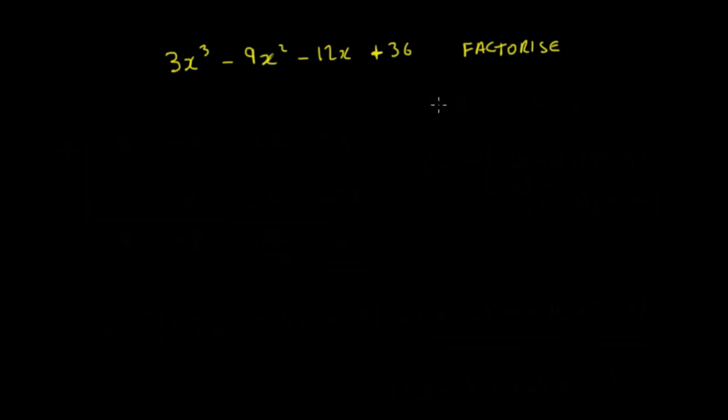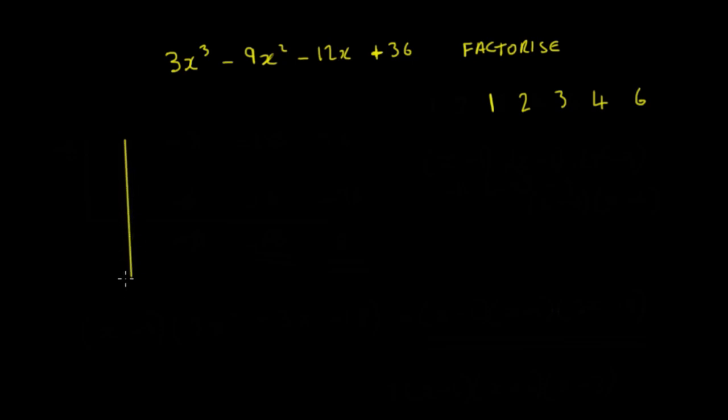Well, we will have to multiply 1 by 36, 2 by 18, 3 by 12, or 4 by 6, or 6 times 6. So we have to look at these as the factors. So let's see if we can divide out by these values.